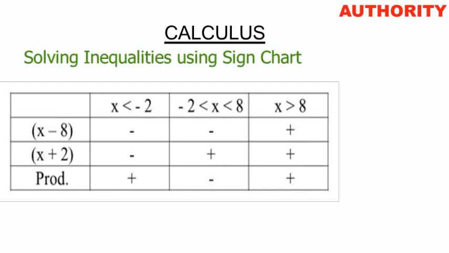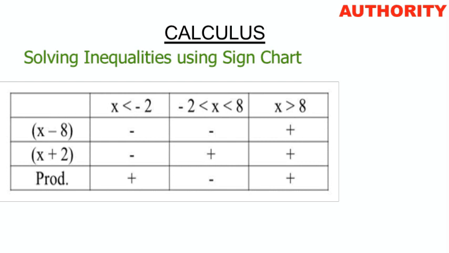So we have less than or equal to, okay? So under our product, which range is having minus? Because we have less than, it should be minus. We have minus in between minus 2 and 8.